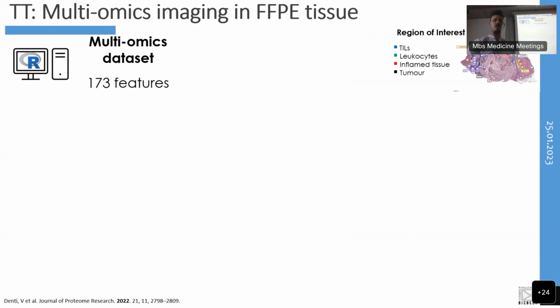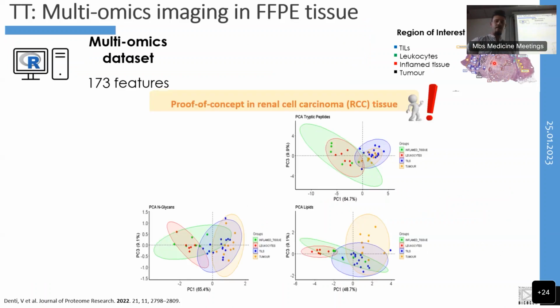So we took this complex section of CCRCC tissue, and then we performed principal component analysis considering each of the omics levels individually. And again, as mentioned, some of them separate the tumor-infiltrating lymphocytes better from the rest of the tissue, some of them separate the tumor from the normal tissue, and so forth.